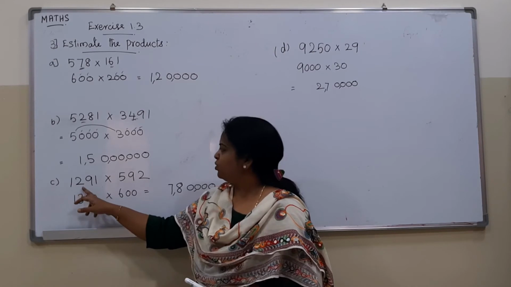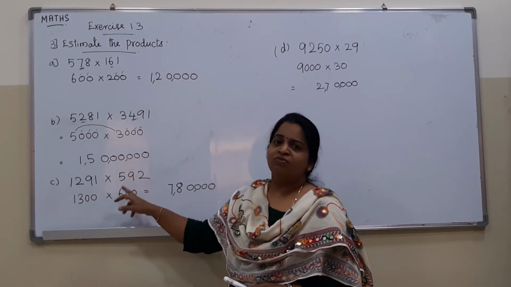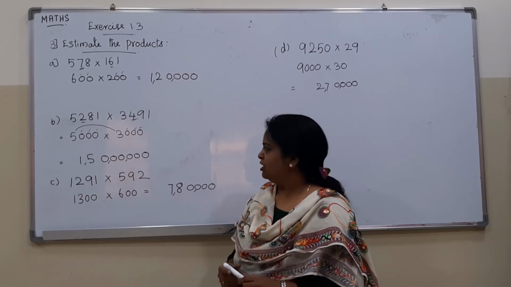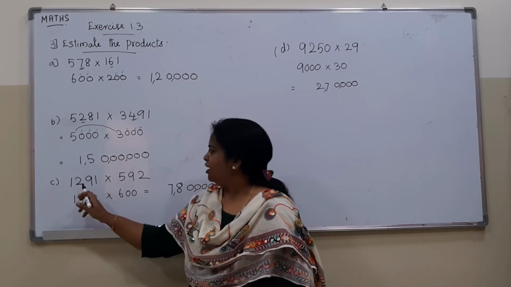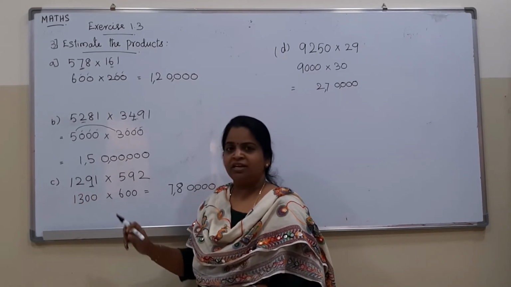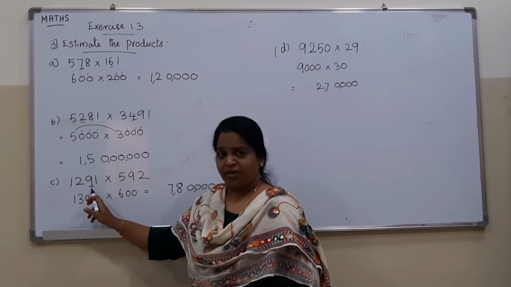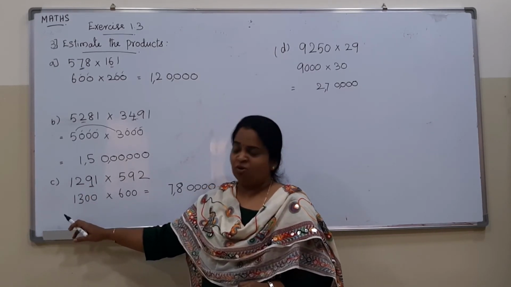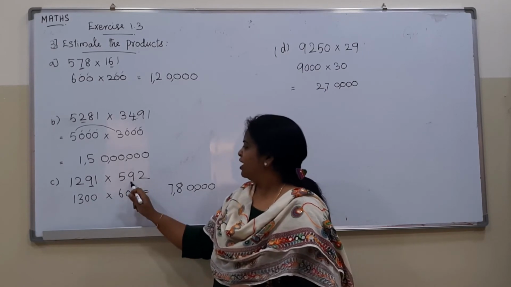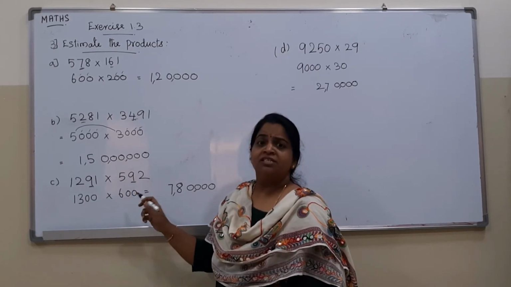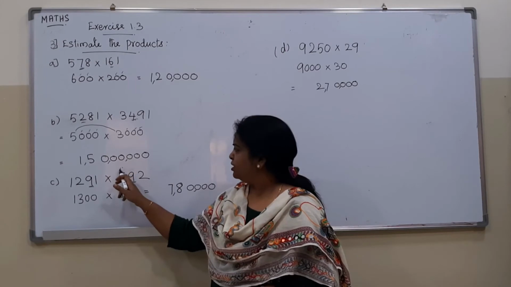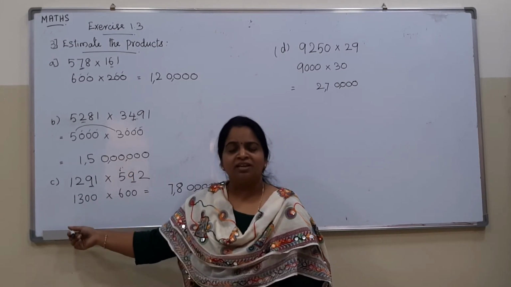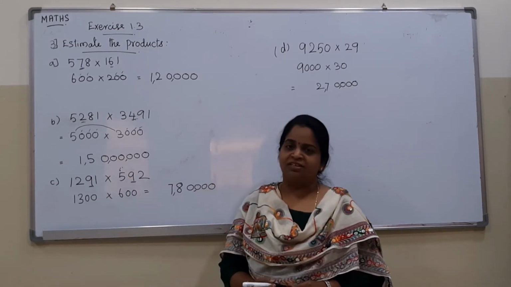Here 1291 into 592. So this one I made, see here 9 is there. Okay, so 91. So I made this as 1300. Okay, here I checked this number. This is more than 5. So I made this as 6. So 1300 into 600.